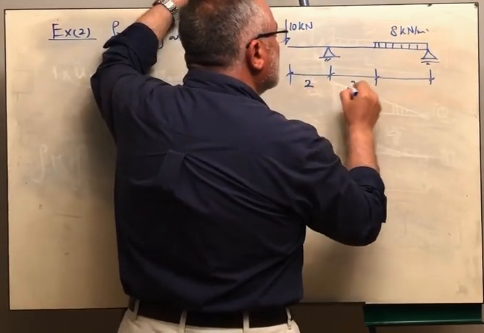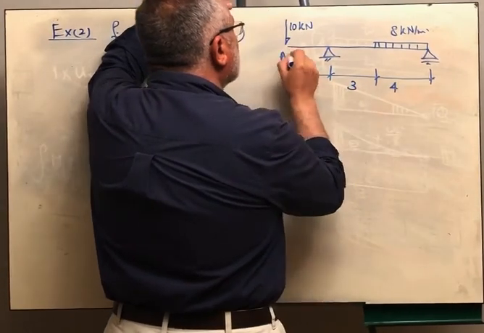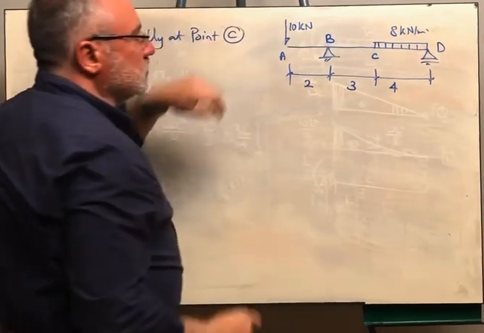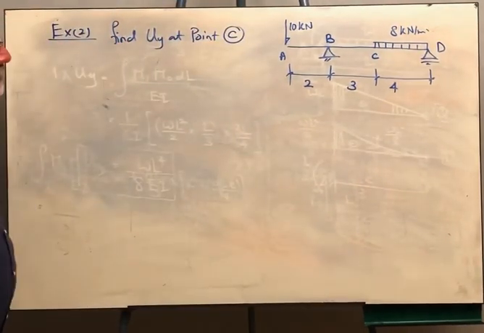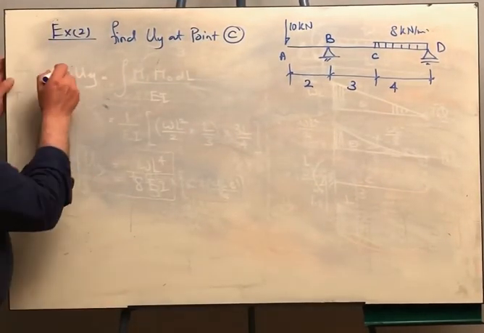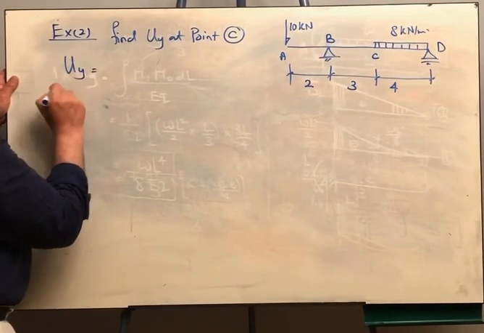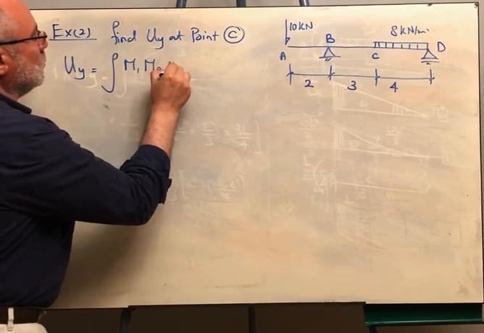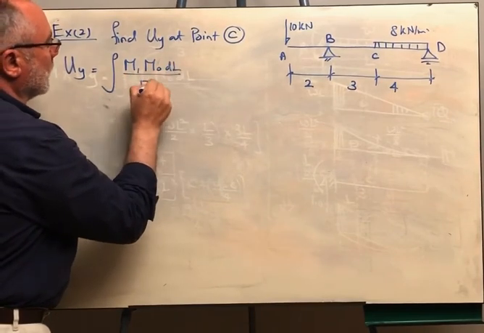This is 2, 3, and 4. This is point A, B, C, and D. Again, we say that the deflection at point C is equal to the integral of M1 M naught dl over EI.